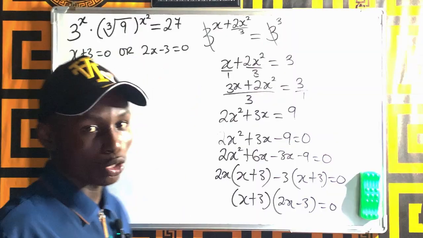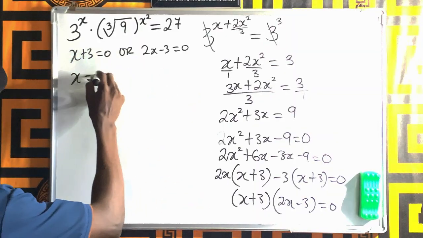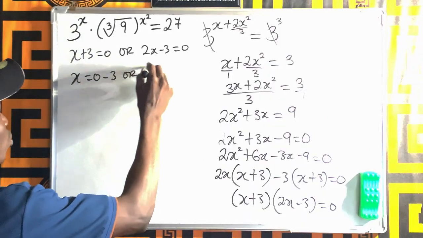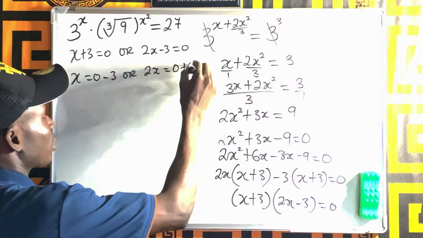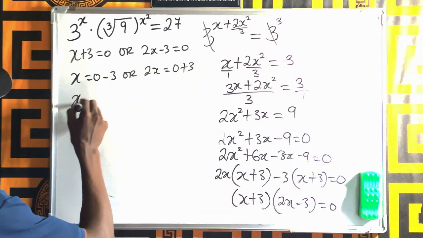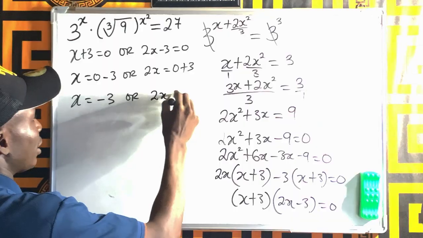This is a simple linear equation. Let's subtract 3 from both sides: x is equal to 0 minus 3, or for 2x, add 3 to both sides, so 2x is equal to 0 plus 3. That means x is equal to minus 3, or 2x is equal to 3.